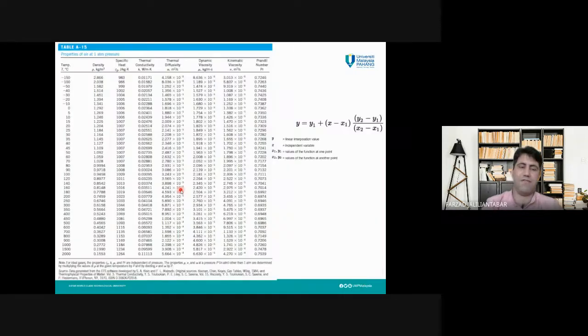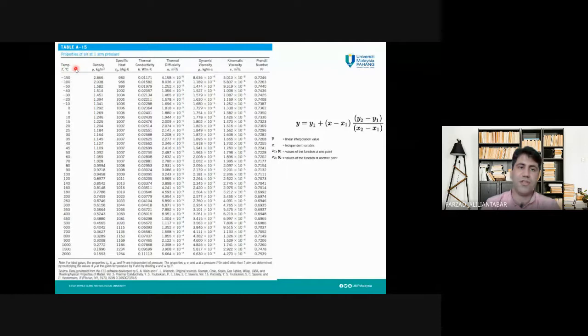How can you find Cp for air? You know, we have a table like this. I will show you the book as well, all of these tables. Like the table which we have in thermodynamics, we have tables here as well. You can see here properties of air at 1 atmosphere pressure, which is the common pressure at the surface of the earth.